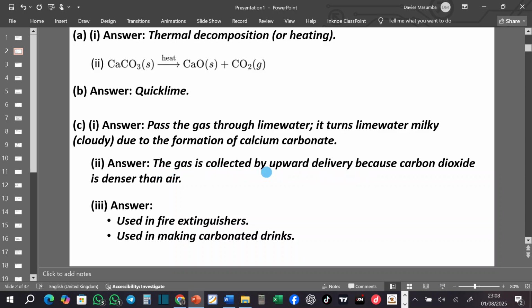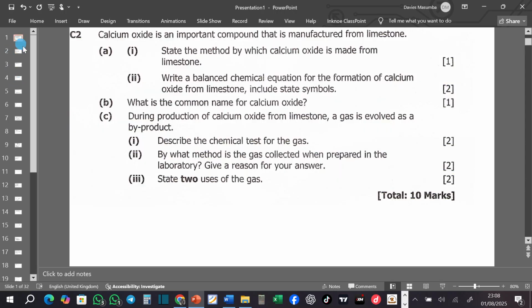The gas is collected by upward delivery because carbon dioxide is denser than air. So we can say upward delivery or displacement of air because carbon dioxide is denser than air. We have given the reason, 2 marks.